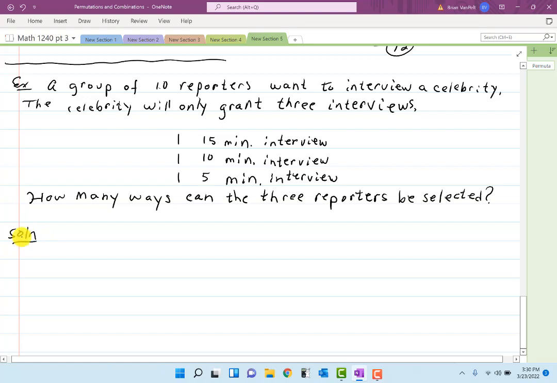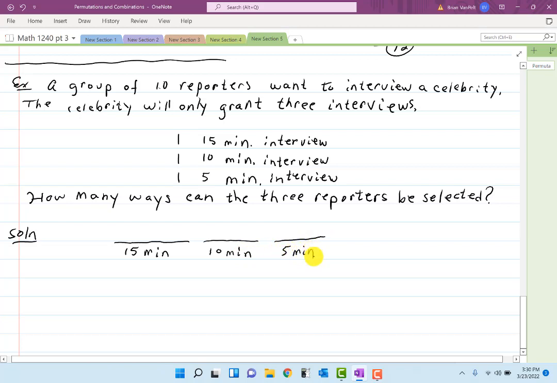So you may not see it directly, but there is an ordering here. If you take a look, the first place is the 15-minute interview, if you will. Second place reporter will only get 10 minutes. And then the third place reporter will only get 5 minutes.